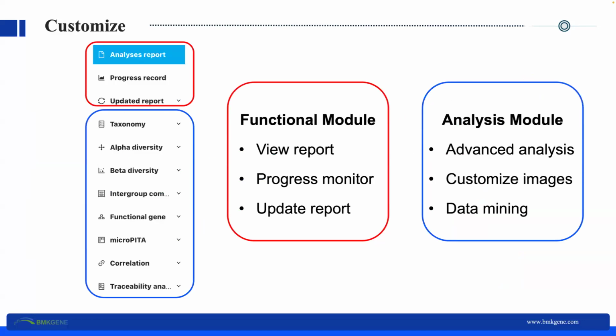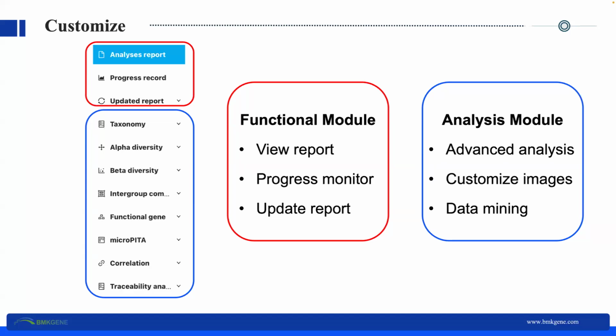You can find the functions in BMKCloud divided into 2 parts, the functional module and the analysis module. For the functional module, you can view your report, monitor your advanced analysis, or update the report, such as removing samples, changing group settings, or changing analysis parameters.